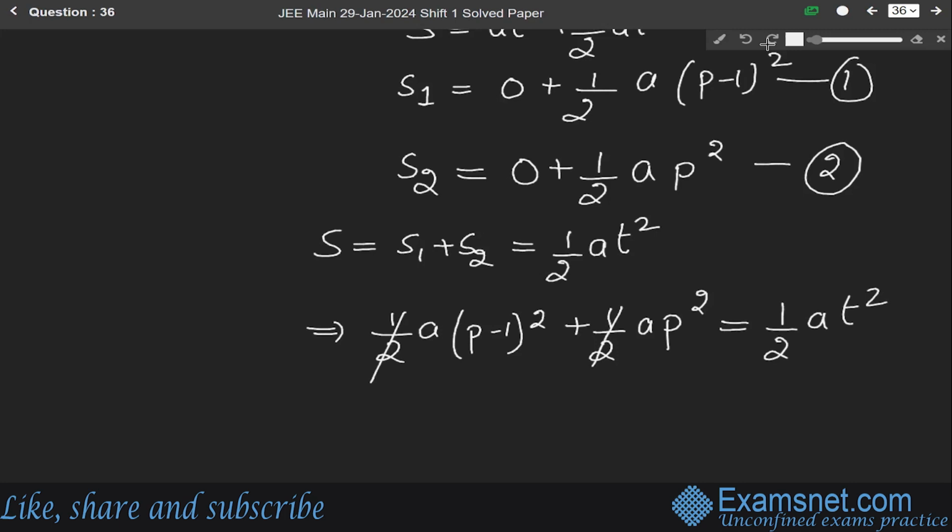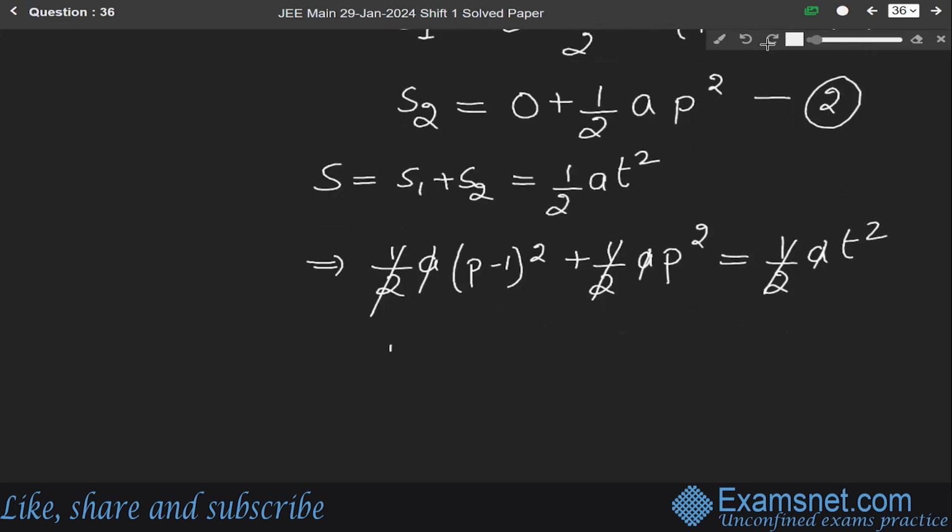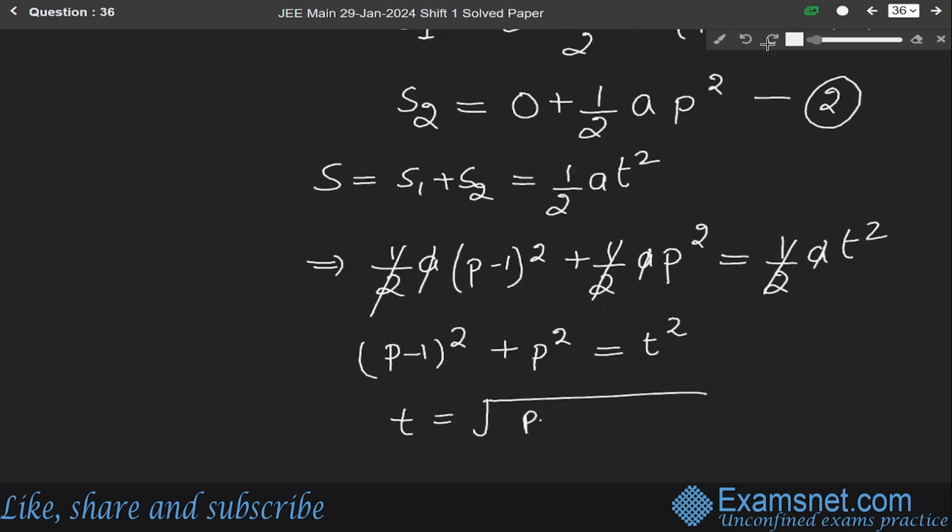The 1 by 2 and a cancel out each other. So we are left with (p minus 1) whole square plus p square equals t square.